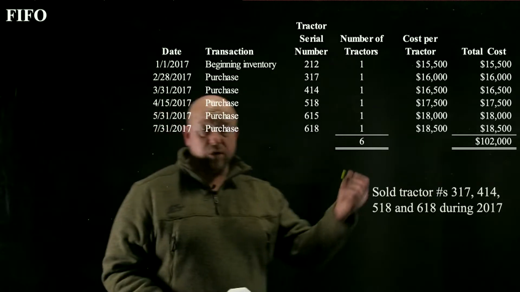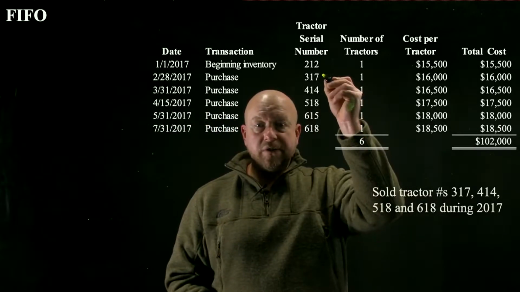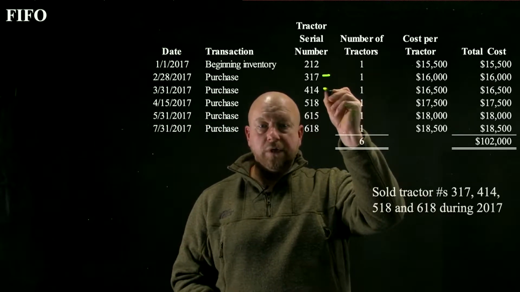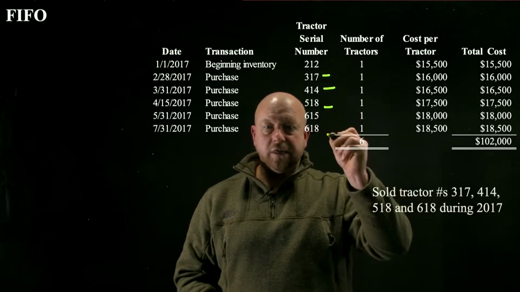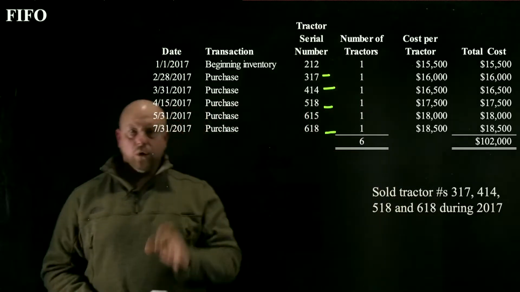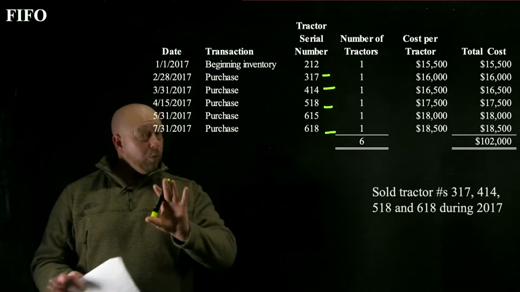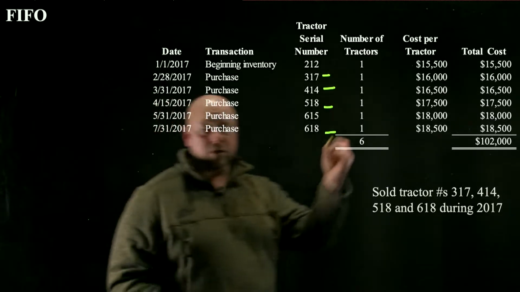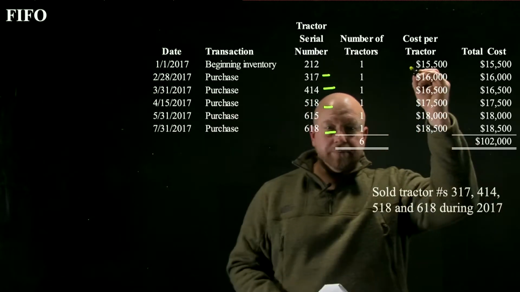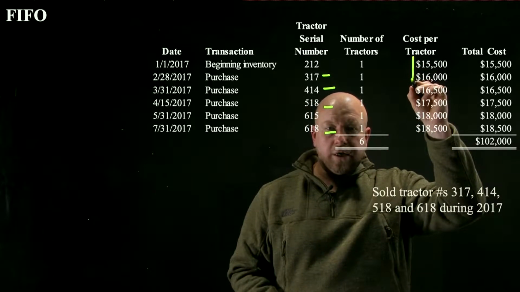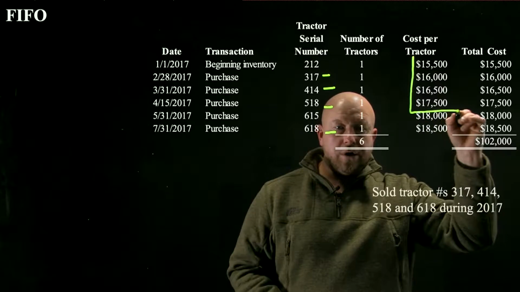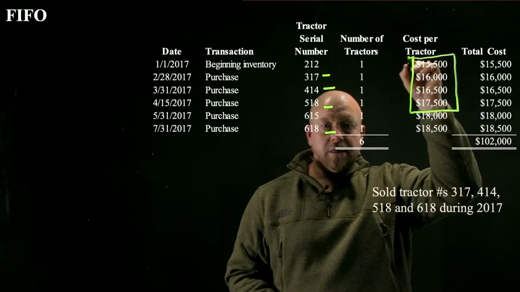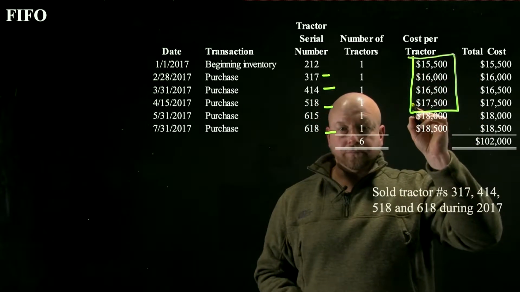So even though we sold number 317, 414, 518, and 618, these are the actual items we sold, what's going to happen for purposes of the dollars on the financial statements only is we're going to take the first 4 items and we are going to assign these to cost of goods sold.